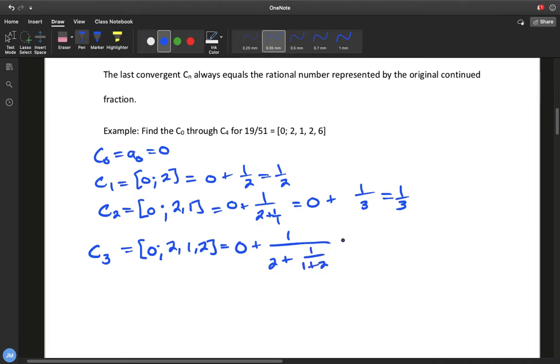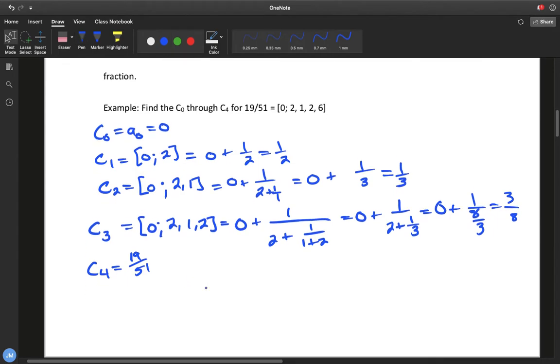So then simplifying this, at first you would have had 0 plus 1 over 2 plus 1 over 3, which then becomes 0 plus 1 over, and then you end up with 8 over 3, which then just becomes 3 over 8. And then obviously for C4 you could do the same thing, but we already know that that ends up being 19 over 51.